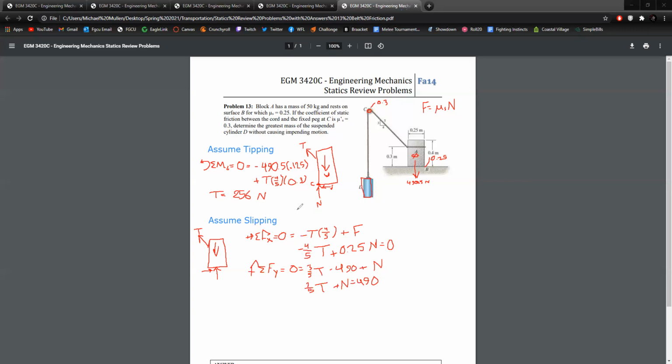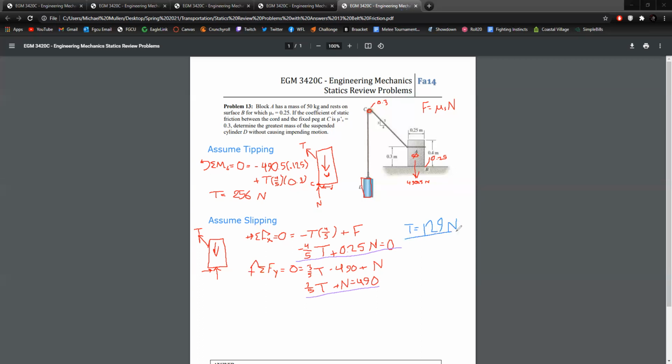We can use both of these equations and substitute our values to find T. So T, once we do that, is equal to 129 newtons before it will slip.